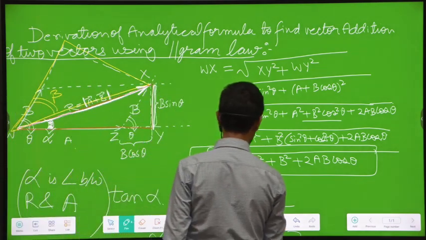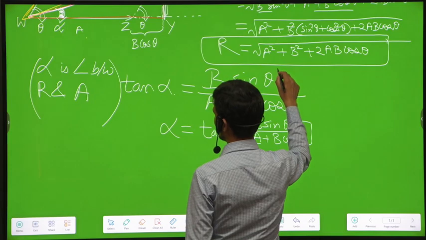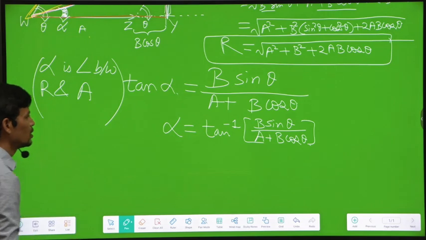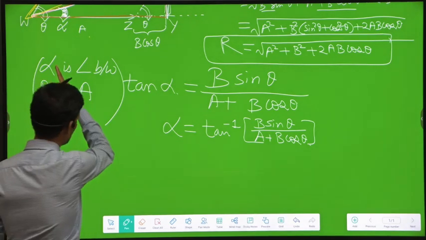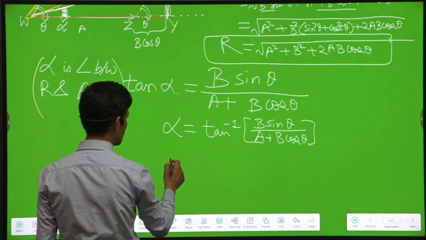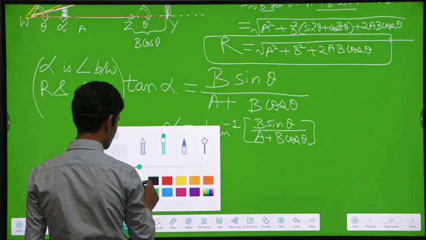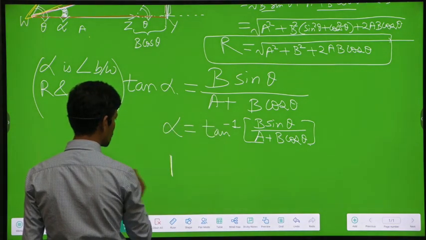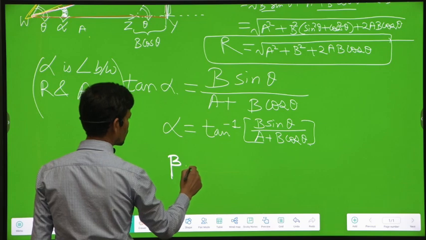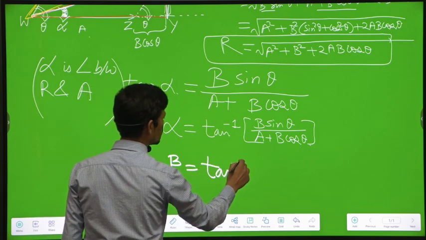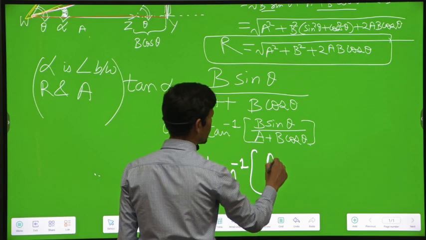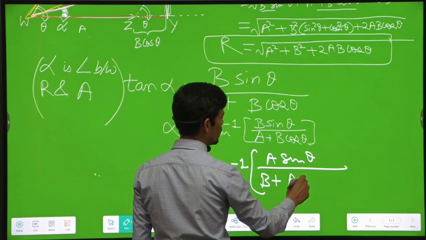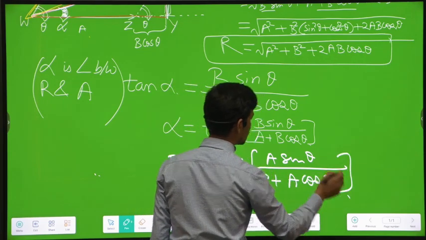You can choose any angle name instead of alpha, beta; you can give phi, psi or any other. So if that is beta, then beta is equal to tan inverse of A sine theta divided by B plus A cos theta.